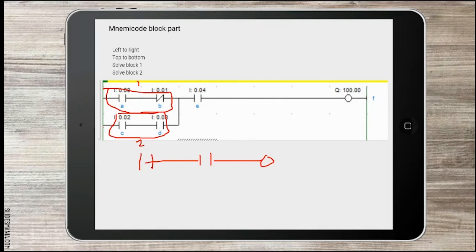Lepas tu blok kedua, yang D ni ada LD load. Ni AND NOT, ini AND LOAD. So bila kita dah serieskan dia, bila kita gabungkan, dia akan menjadi all load sebab dia dah dalam parallel. Bila dah all load, baru kita end kan dia. Dan seterusnya pada out. Okay.